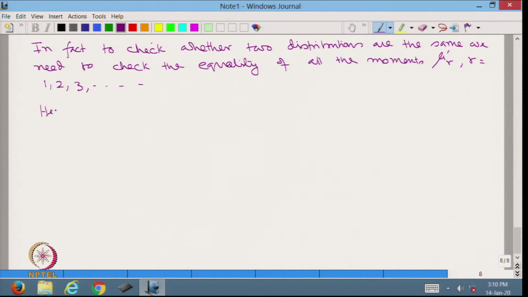Hence, the concept of moments is very important.